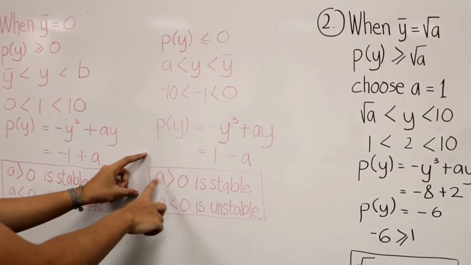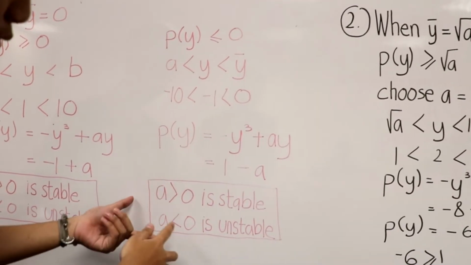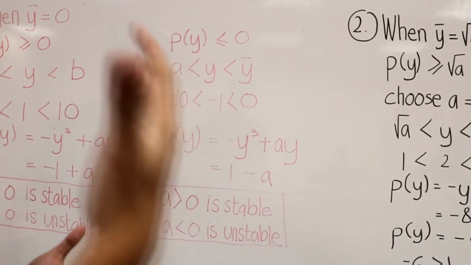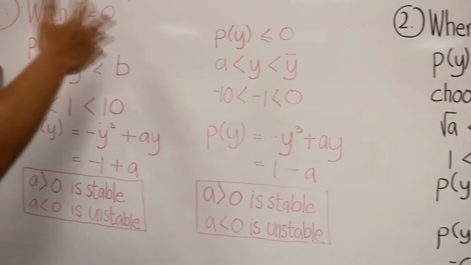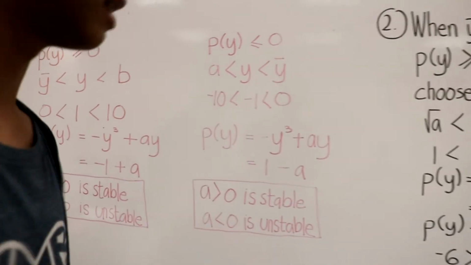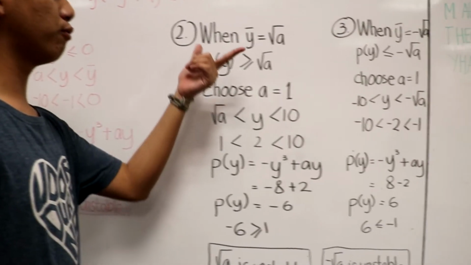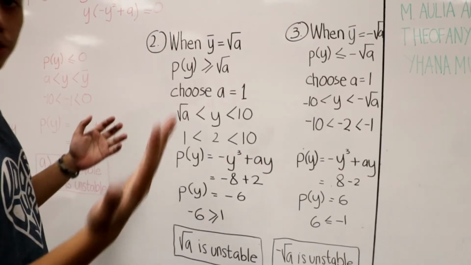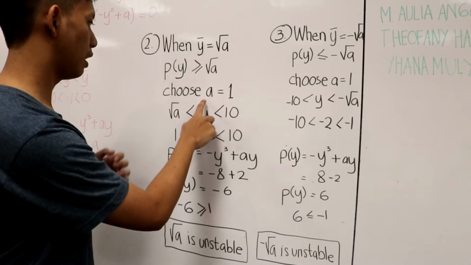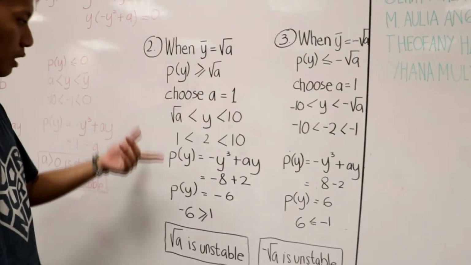We choose a greater than 0 will be stable, and a becomes 0 is unstable in the form of equilibrium at y equal to 0. This is the first case. And the second case, we have y equal to the square root of a. We decide to let a become 1.